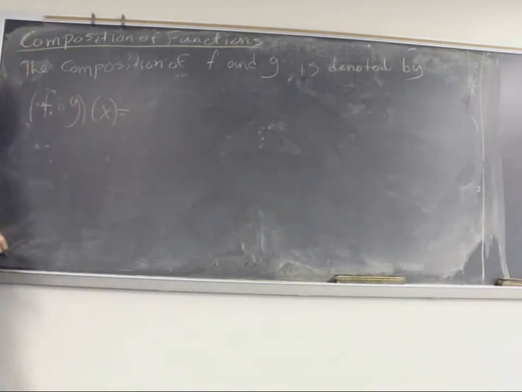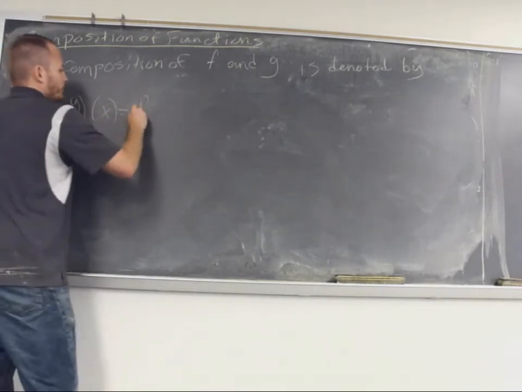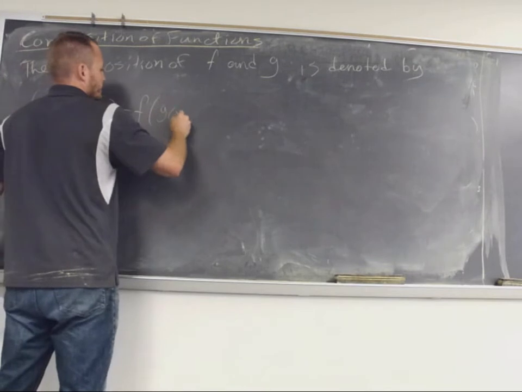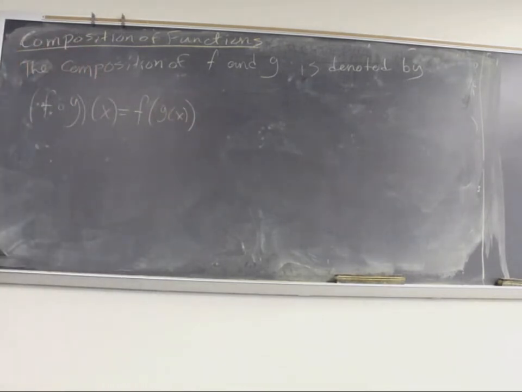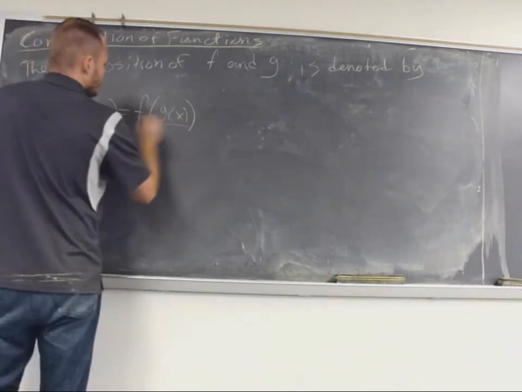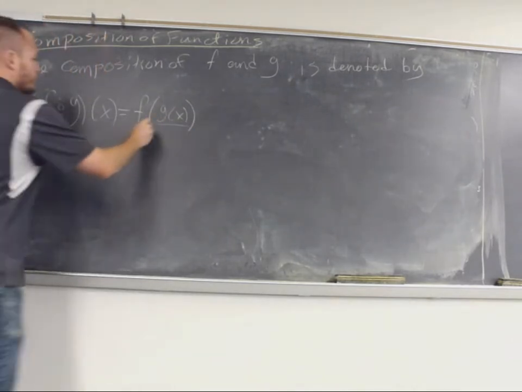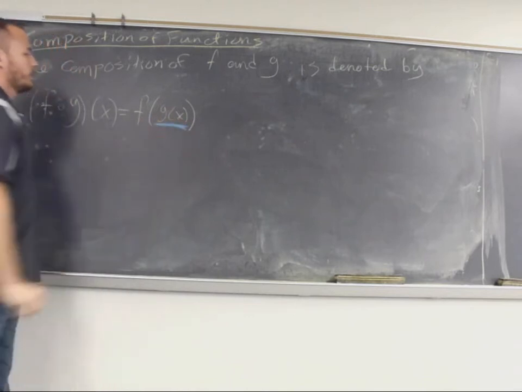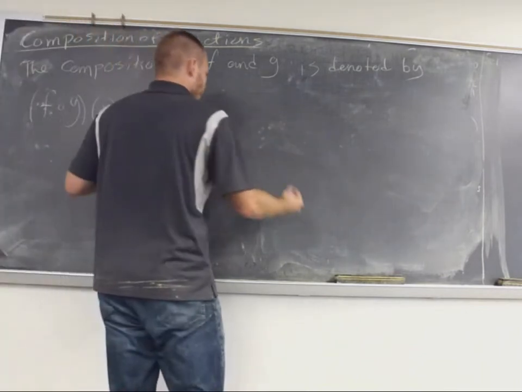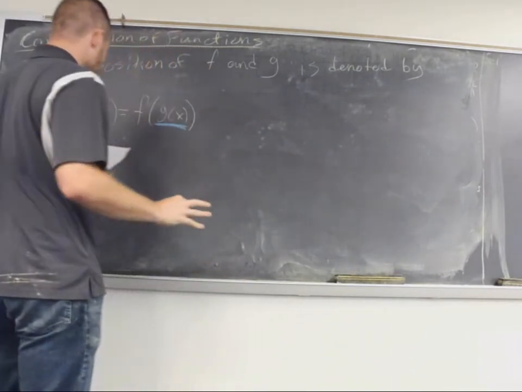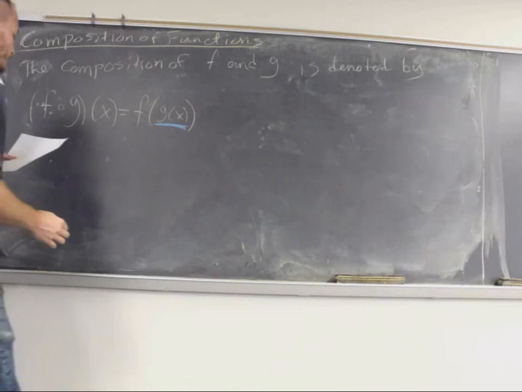That's equal to f of g of x. Essentially what's happening here is you're plugging g of x into the f function. I'm going to show some side examples over here to hopefully make this a little bit easier when we get to it.